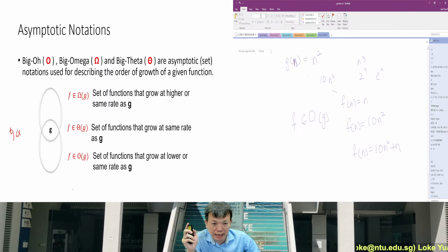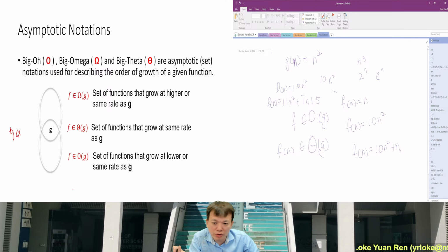That means 10n squared, or 11n squared plus 7n plus 5. Yeah, all these are under big theta. If you have a function f(n) equal to this, then I can say that f(n) belongs to big theta of g(n) because they have the same growth rate.